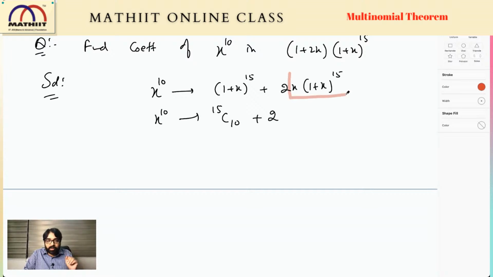This total has to give x power 10. x is already there, so from here, this has to give x power 9. When this gives x power 9, the total will become x power 10. So this will be 2 into 15C9. This is the coefficient of x power 10 in this.